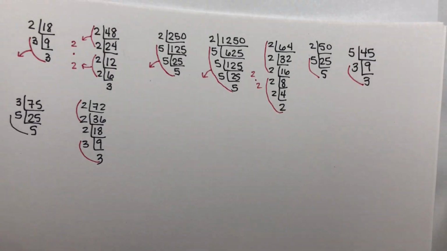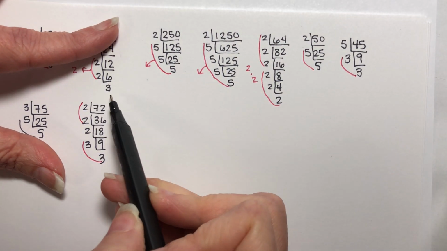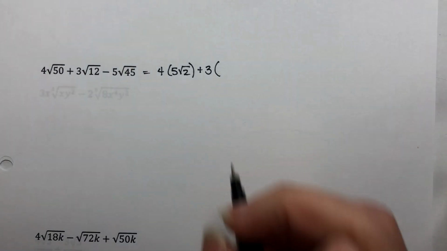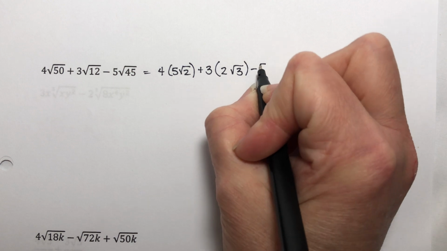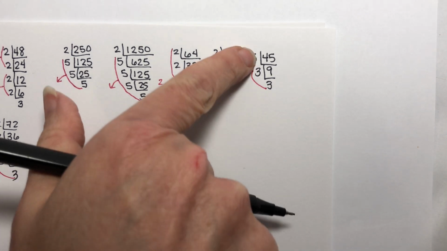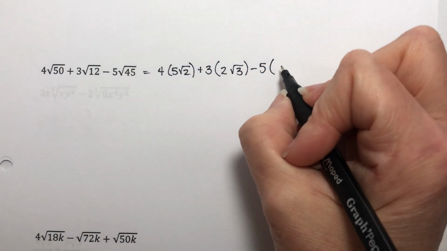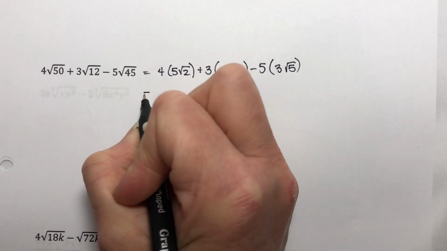Do I have 12 on here? Yes, I do. It's hidden right in here. So that's 2 times the square root of 3. Minus 5 times the square root of 45. I have right here 3 times the square root of 5. Multiply the numbers in front.